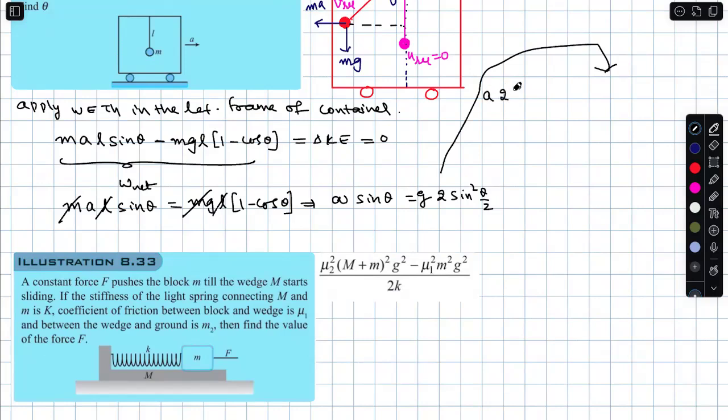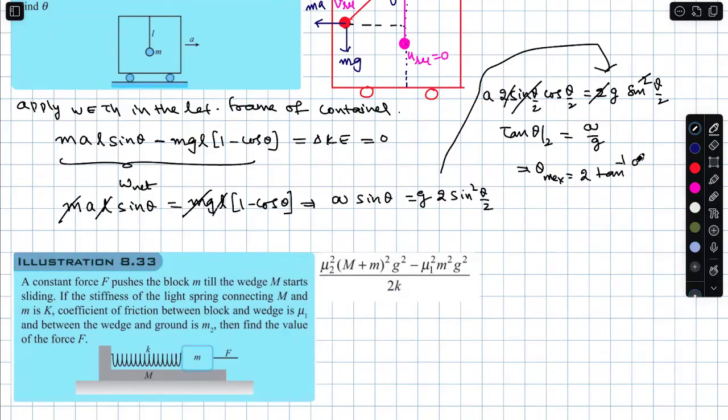Sin theta can be written as 2 sin theta by 2 cos theta by 2. This is 2G sin square theta by 2. Finally, tan theta by 2 is A by G, which implies theta maximum is nothing but 2 times tan inverse A by G. Any doubt in this, please ask.